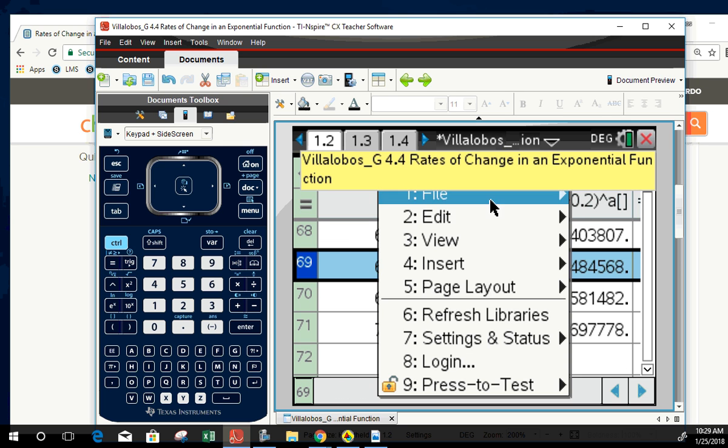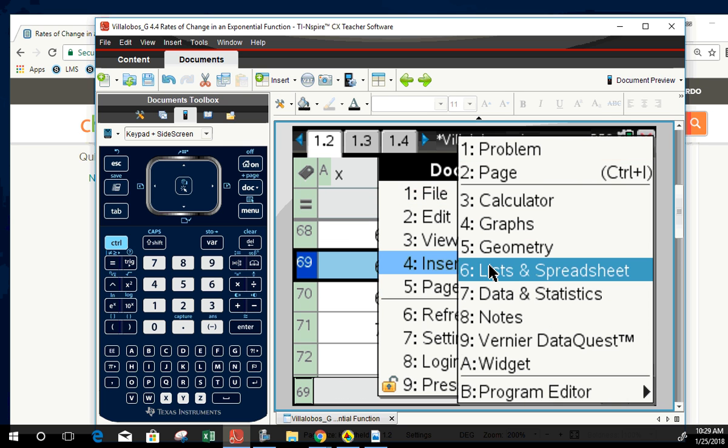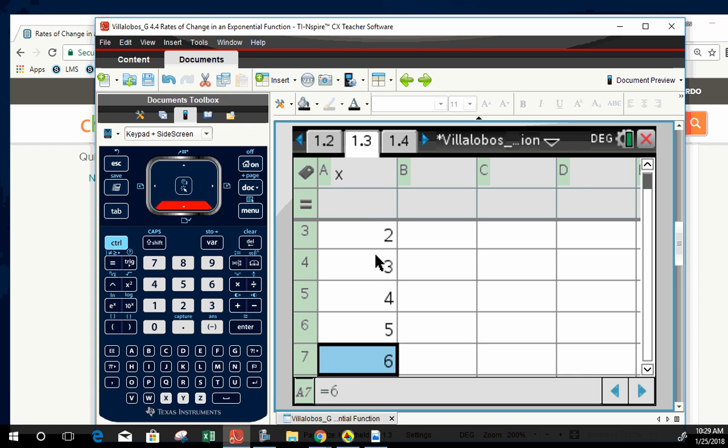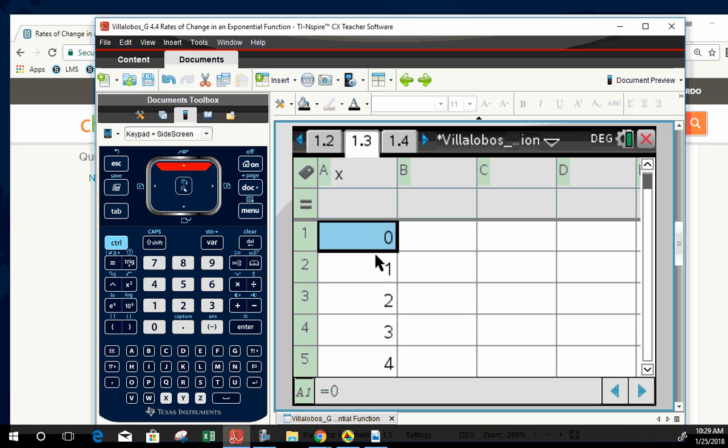Let's add. I'm going to list the spreadsheet again. X, or years since. And now the limited town area.